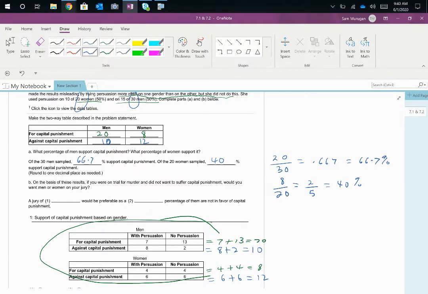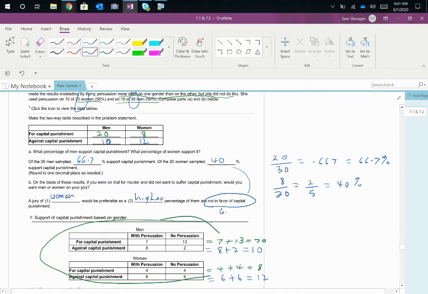So since women have a lower percentage here, I would definitely prefer women, as the percentage of them who are not in favor is higher. 40% of women prefer the death penalty, and 67% of men support capital punishment. So that means that more women are not in favor.